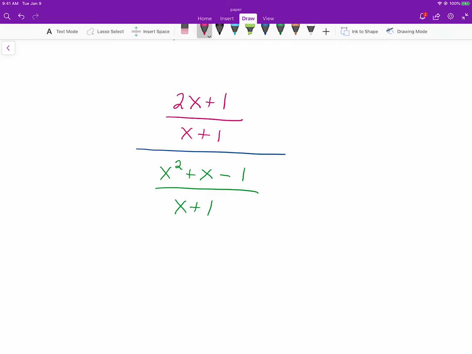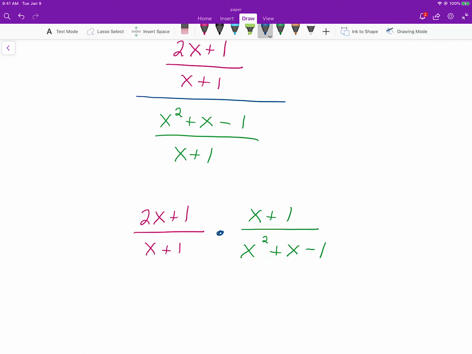So I'm going to take the numerator, copy it down exactly as it is, 2x plus 1 over x plus 1. And now instead of division, I'm going to write multiplication. I'm going to take the reciprocal of the denominator and say x plus 1 over x squared plus x minus 1.